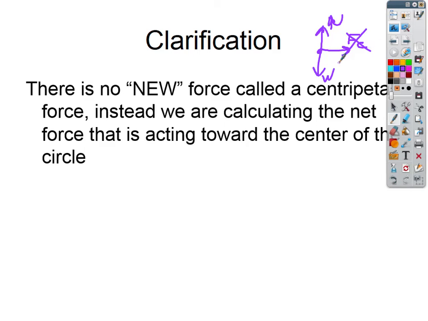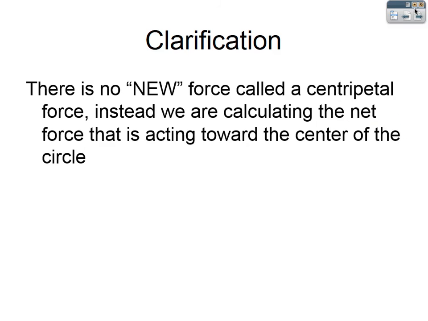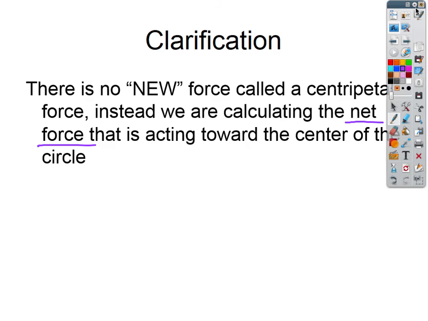Instead, what you are actually finding when you find the centripetal force is the net force. And it's the net force that acts towards the center. And that kind of helps explain this. We never draw net force on a free body diagram either. So it's okay never to mention centripetal force, but it's a way to maybe help us go, okay, I'm looking at the force acting toward the center, and it's the F net.